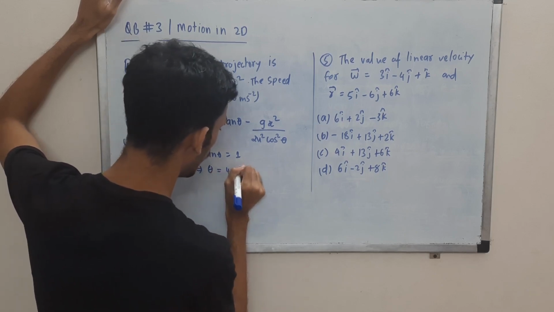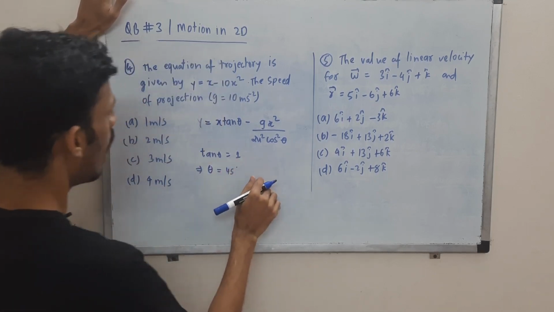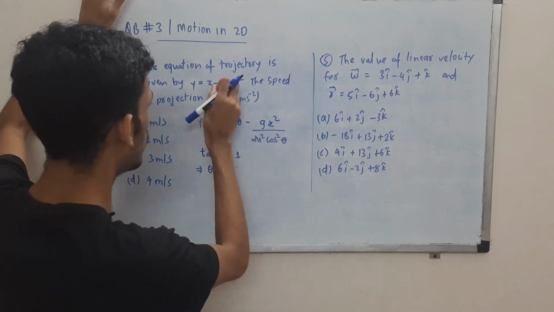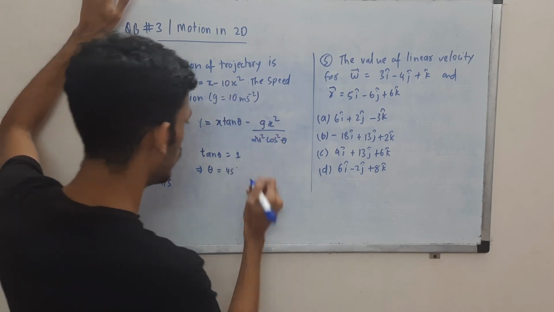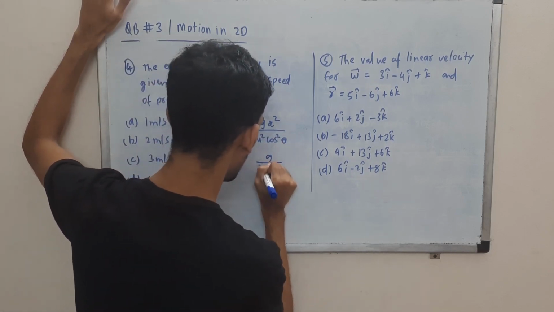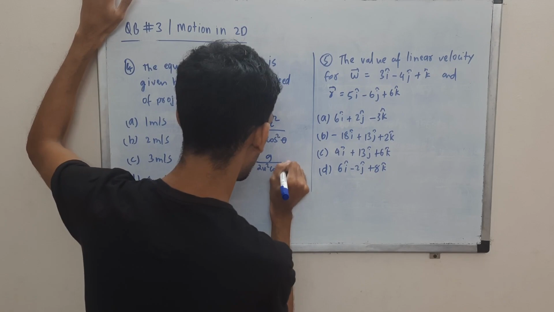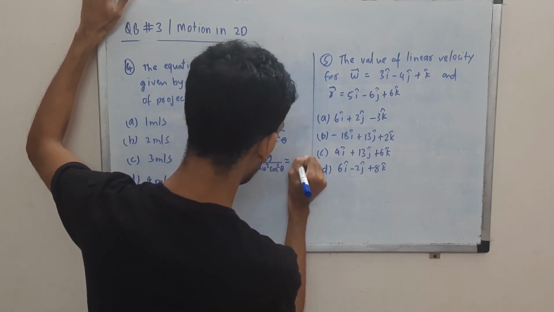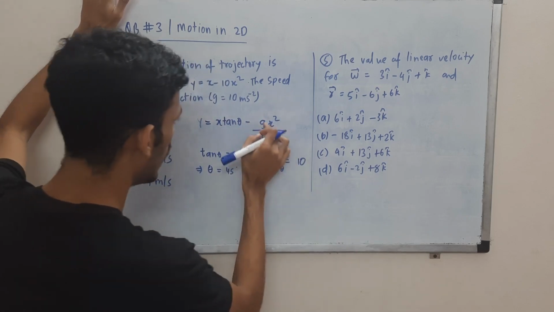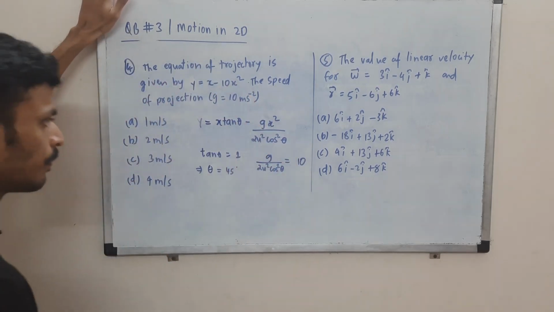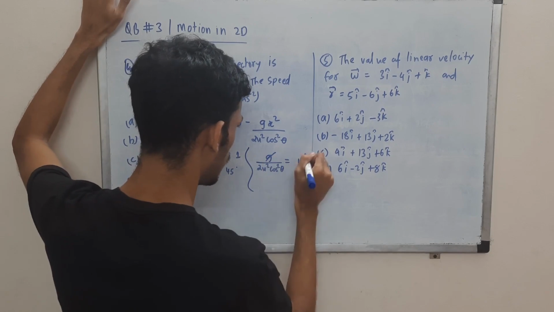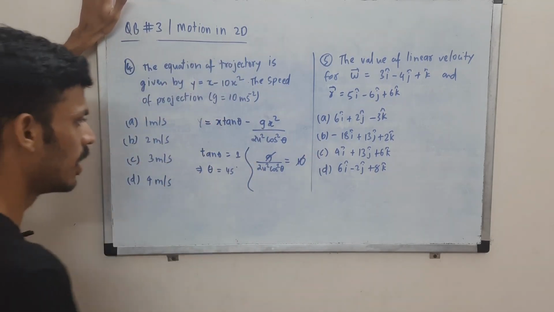Of course we take the acute angles only for projectile motion, and then for this, the minus sign is there, then this g by 2u square cos square theta will give you 10, right? So I have compared this coefficient with this. Now g is taken as 10, so this and this can cancel, it's mentioned.